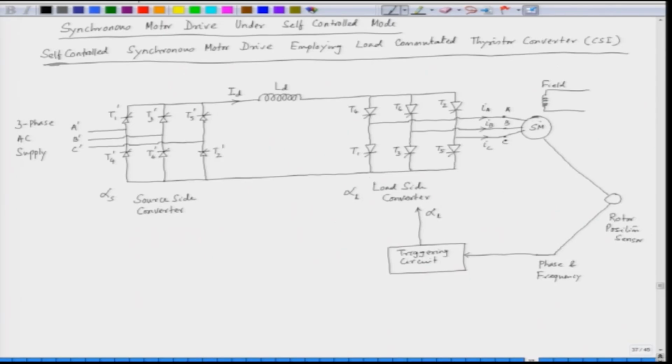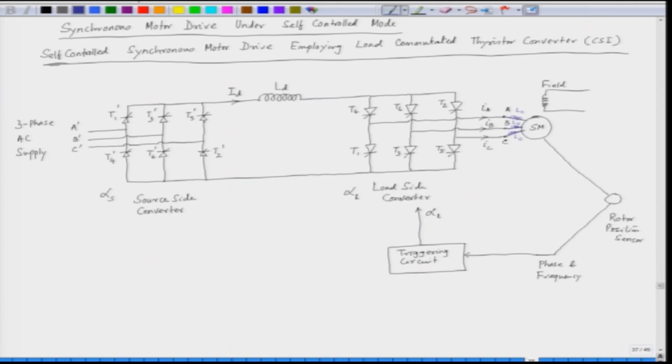The synchronous motor has an induced EMF or back EMF, and each phase also has some inductance. These inductances are called commutating inductance, LC, LC and LC.